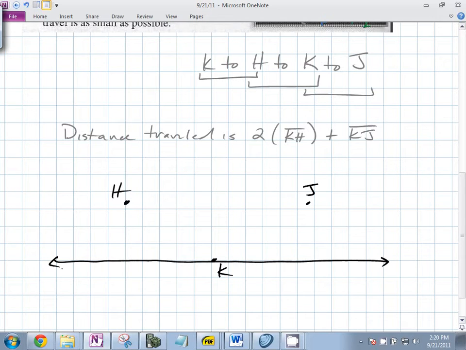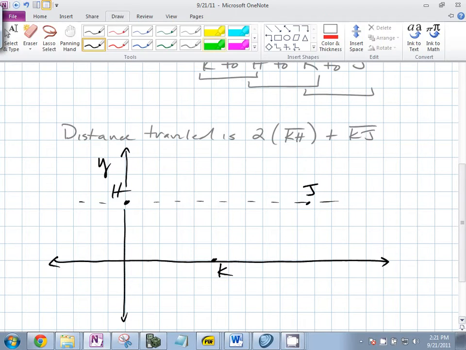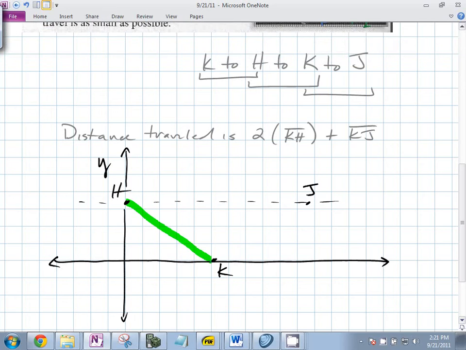If we want to put K on the x-axis, what could H be on? The y-axis, sure. And we're assuming that this value right here is the same y value all the way across. So what's the path of this person? The person goes on HK twice and goes on JK once. Do you agree with that?